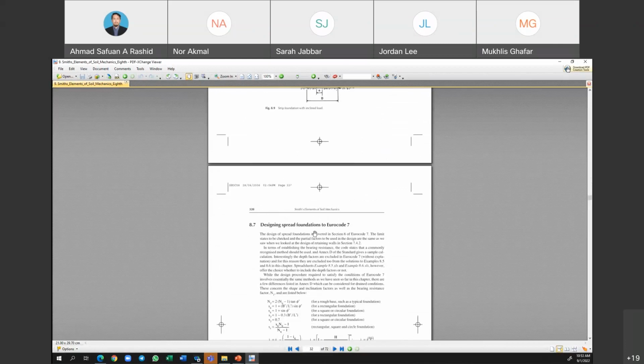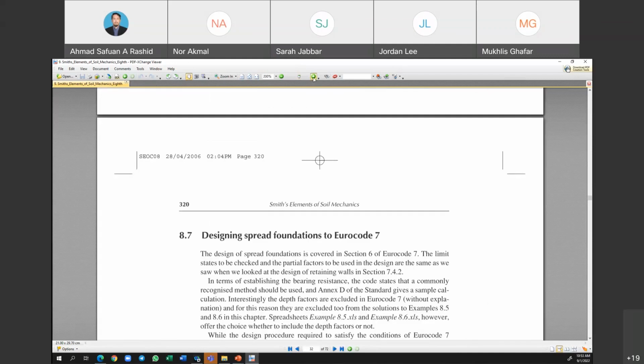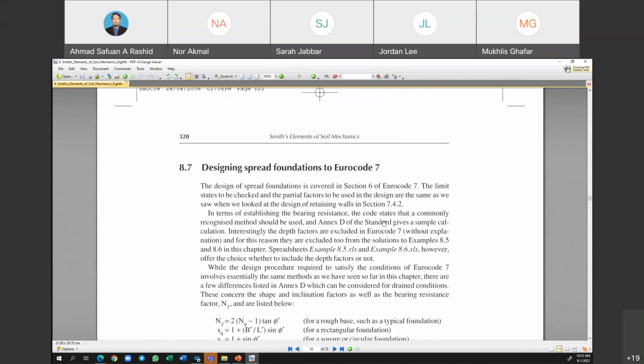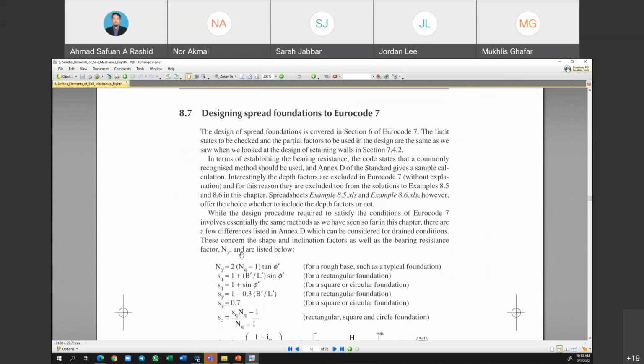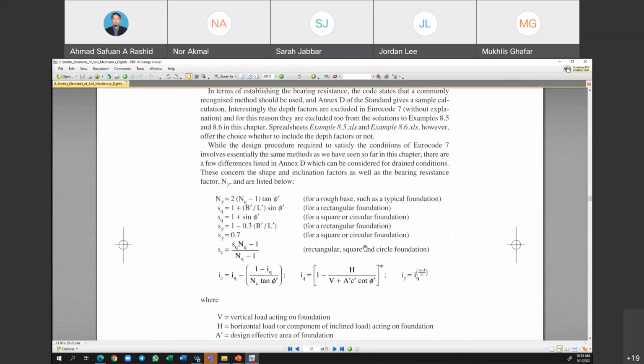Designing spread foundations to Eurocode 7. The code commonly covers the design procedure, safety, shape and inclination factors as well.